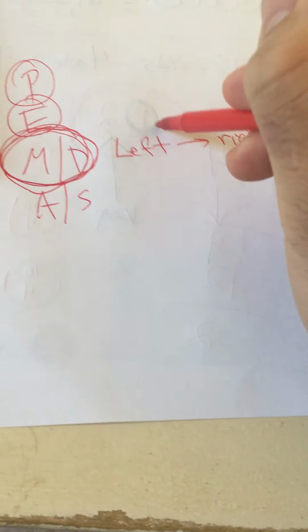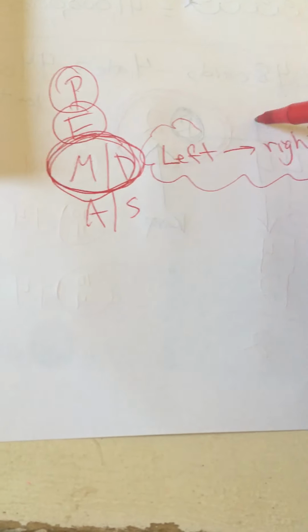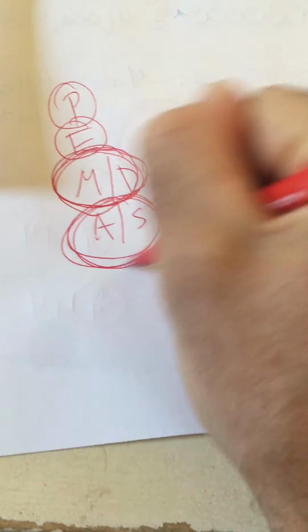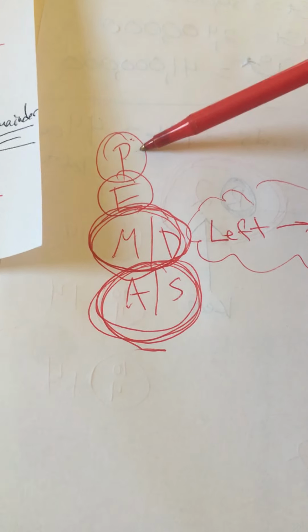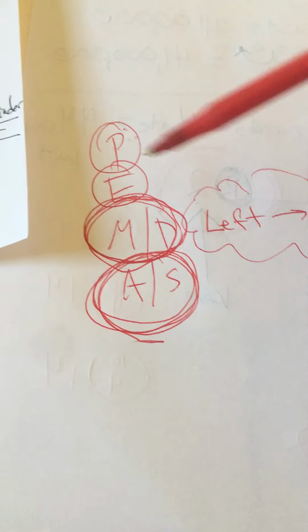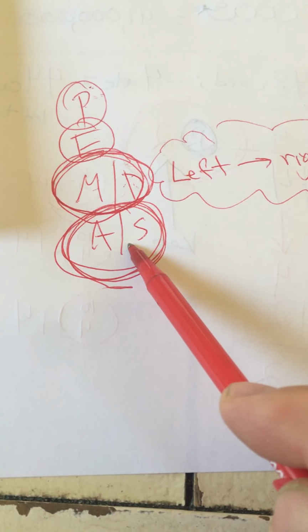You have to go left to right. Okay? And then we do addition and subtraction last, because we're going to start with the things that are going to have the biggest impact on our problem, the parentheses, then the exponents, then multiplication and division, which are repeated addition and repeated subtraction. So that is going to have a bigger change to our final answer than just addition and subtraction.